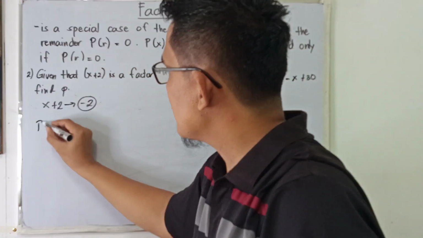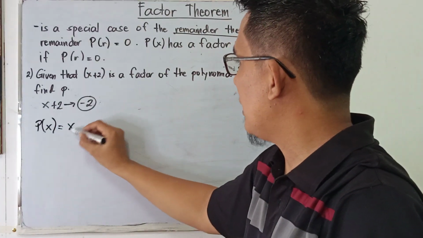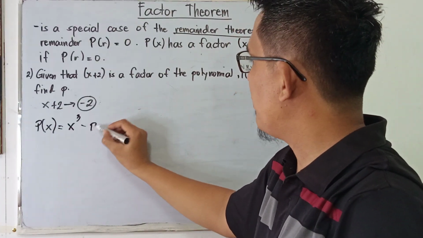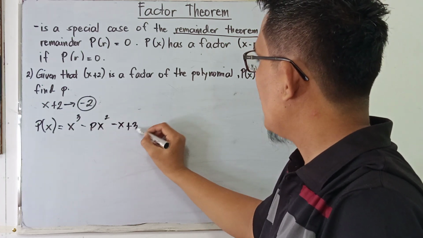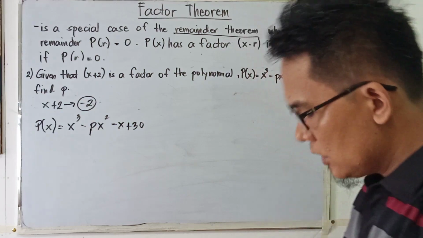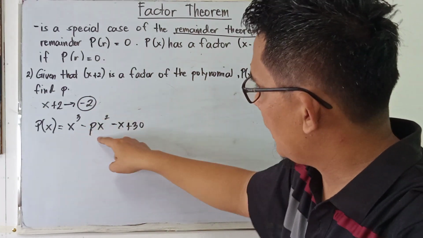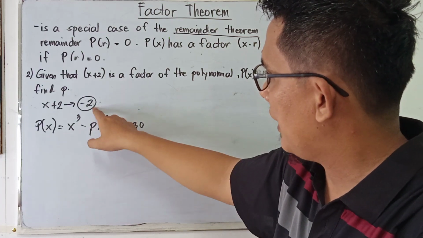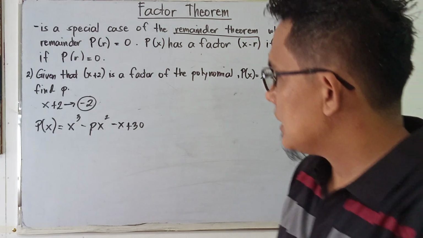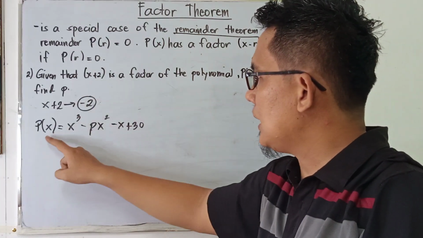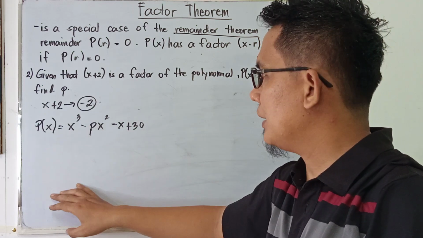So P of x is x cubed minus p x squared minus x plus 30. We're going to replace x on the right side of the equation with negative 2, the opposite of positive 2, since this is already a factor and will obviously have a remainder of 0.